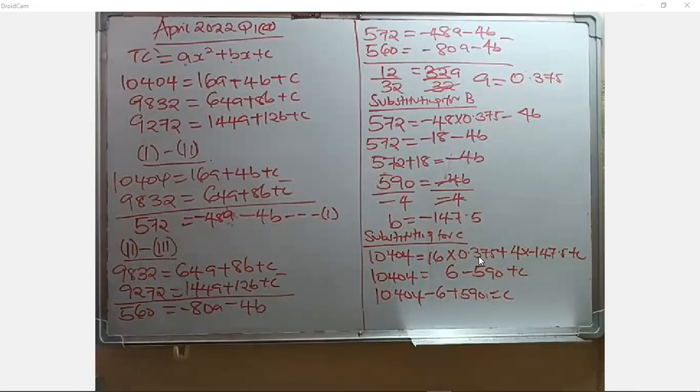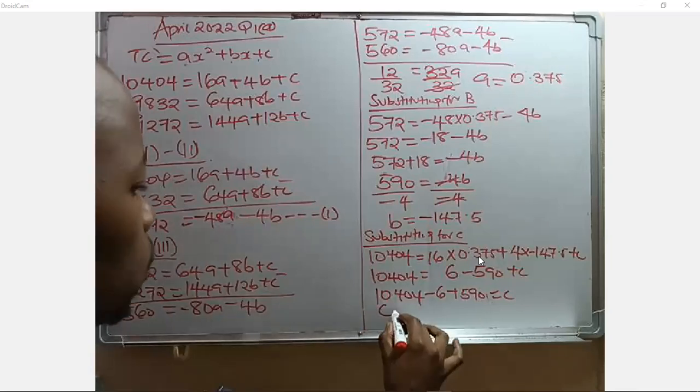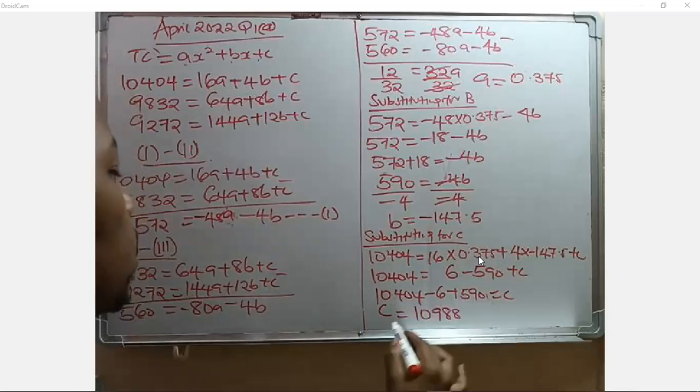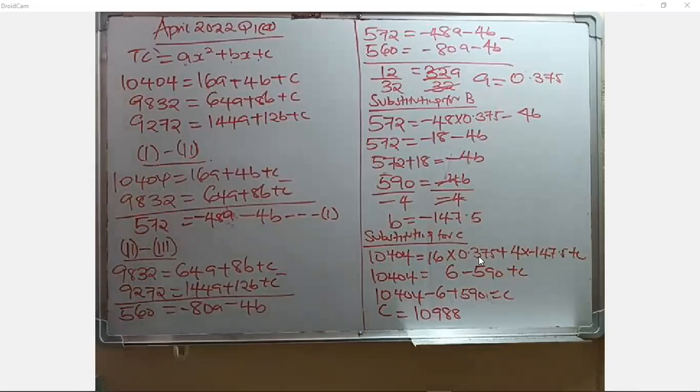So the value of C will be equal to how much? In my calculator, I can see 10,988.